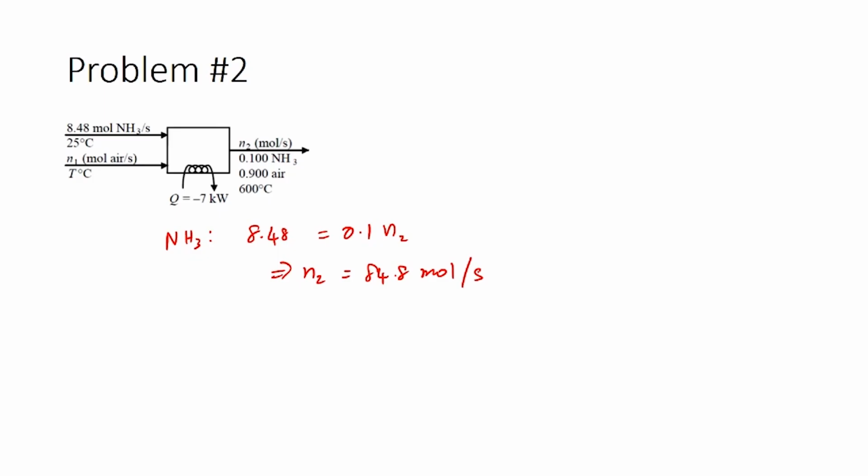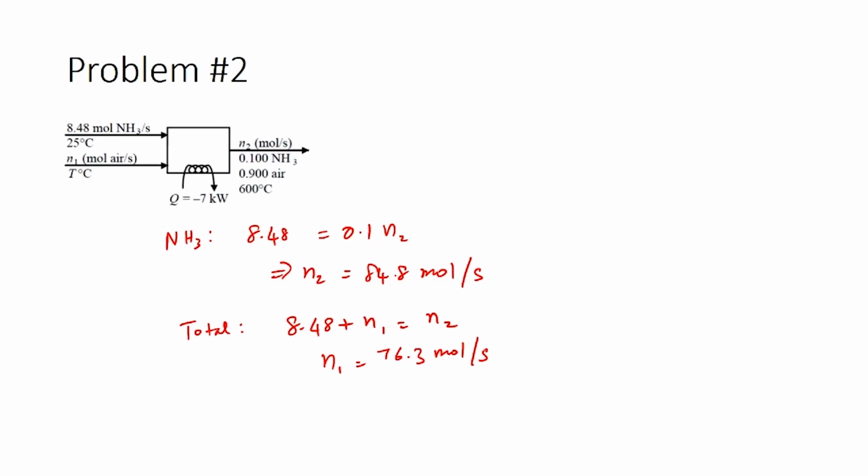Now that we have N2, we can write an air balance or a total balance and get N1. So, total balance is basically 8.48 plus N1 equals N2. So, we already know N2, so we can calculate N1 as 76.3 moles per second.